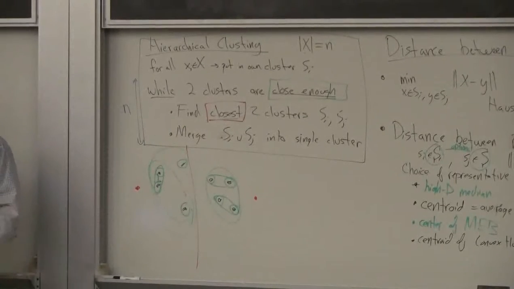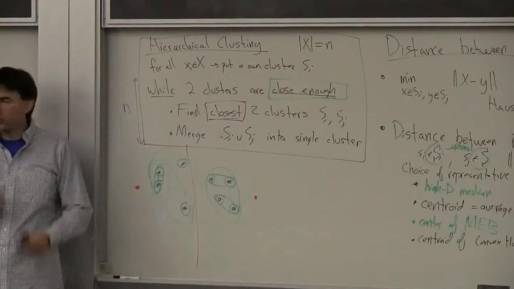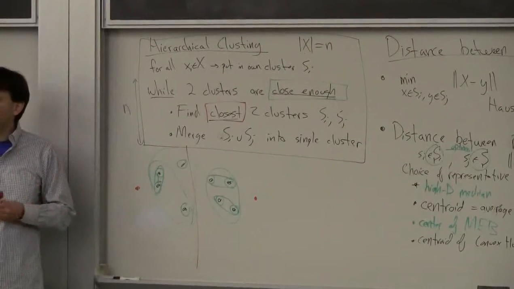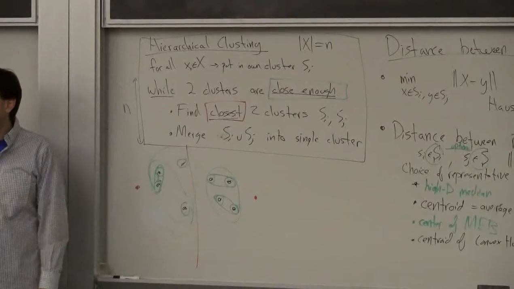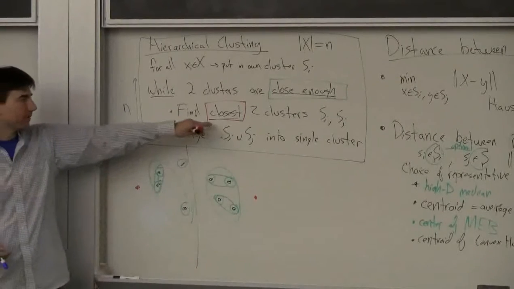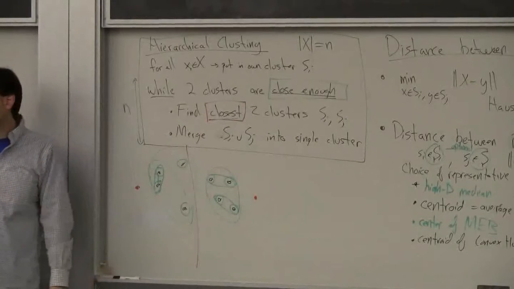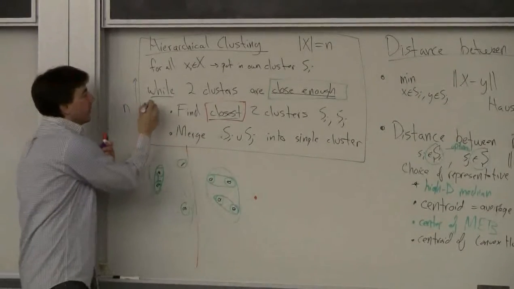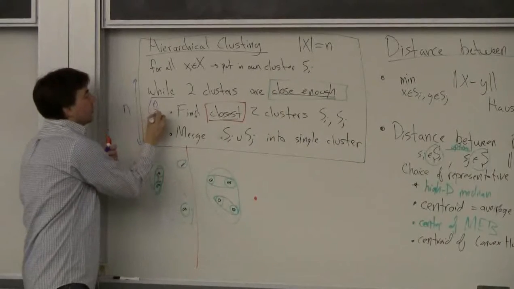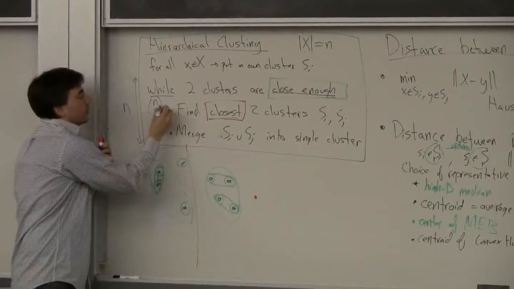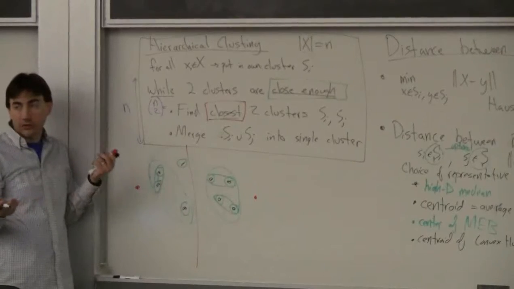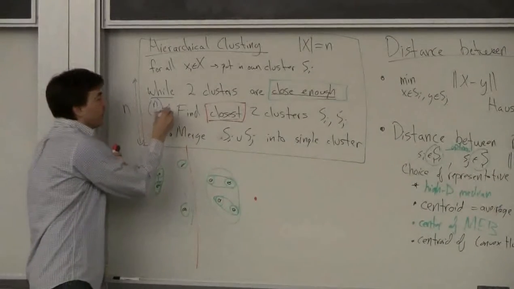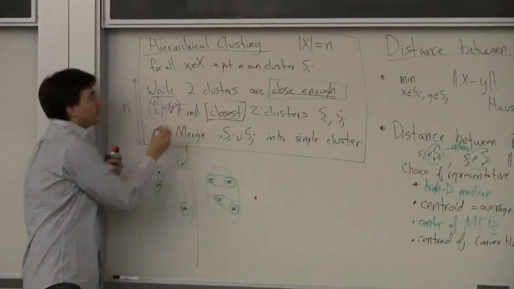Let's say I'm at the point where there are still roughly n clusters, between n and n over 2 clusters. The naive way of doing this is n choose 2. I'm going to look at all pairs of clusters to calculate their distance. So that would be O of n squared.